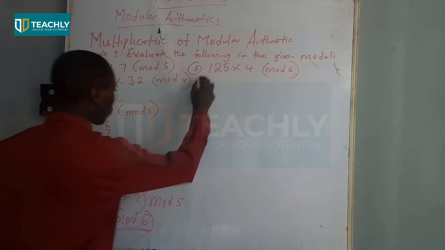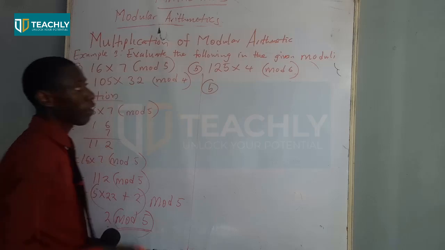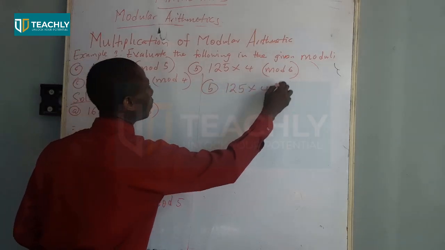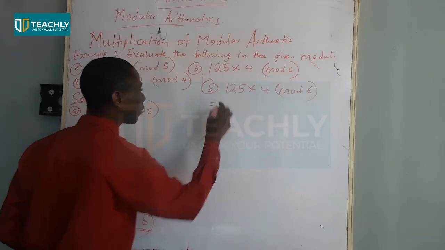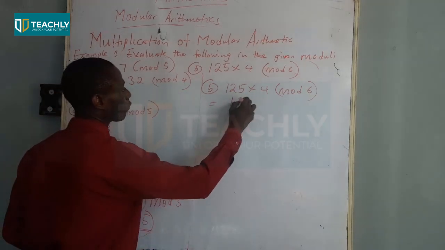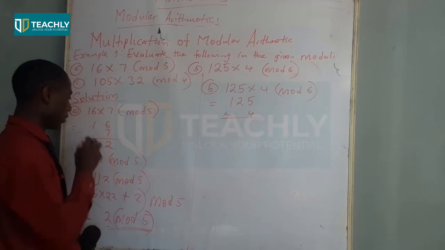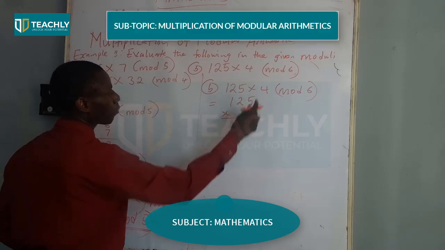Okay, let's look at the second one. B, you have 125 times 4 in modulo 6. So the first thing is, let's multiply 125 by 4. 5 times 4, we have 20.